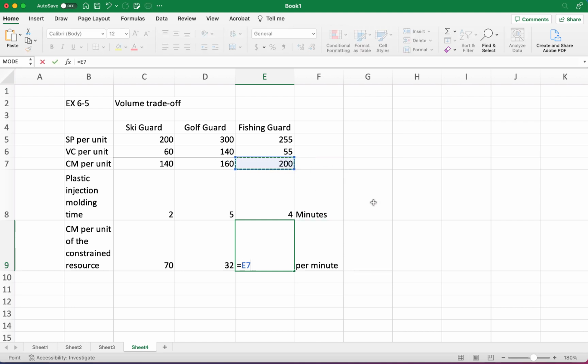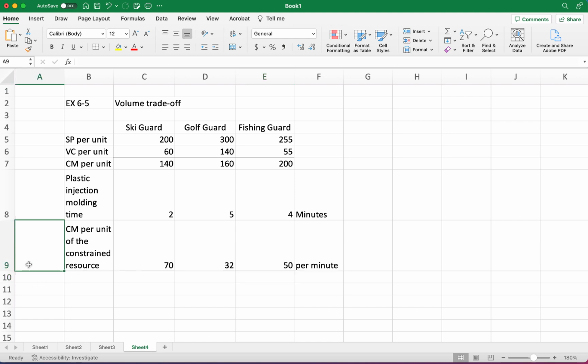Take your $200 contribution margin for the fishing guard and divide by the time it takes to use that injection molding machine to make the fishing guard, which is 4 minutes. We get $50.